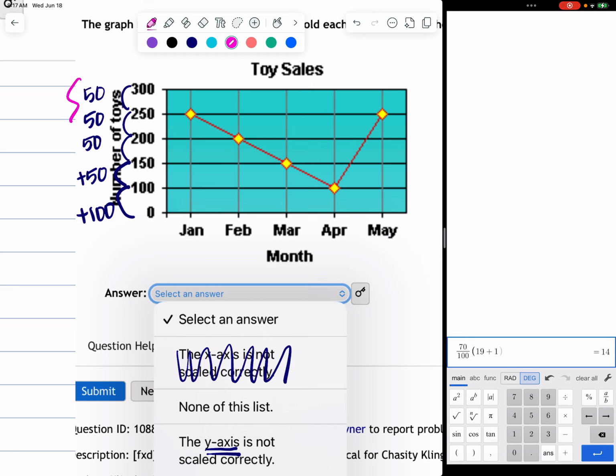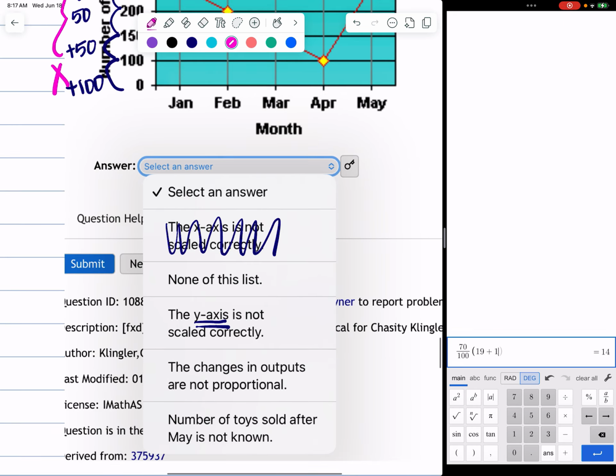So they were consistent on the top four. They were not consistent on that first jump. This could definitely be misleading if you are not paying attention to the scale. So I am going to put a little check mark right here, but I'm going to see if there's a better choice.